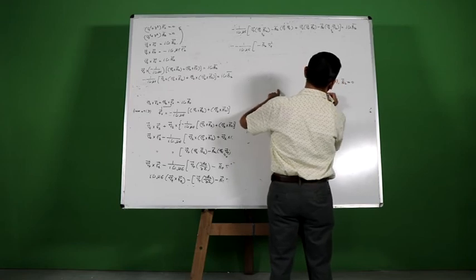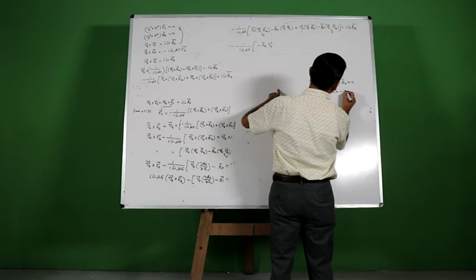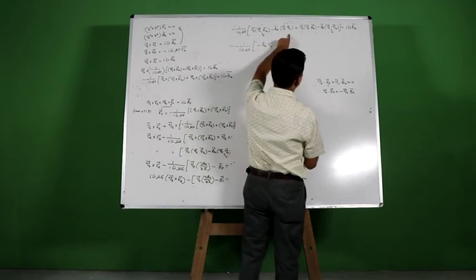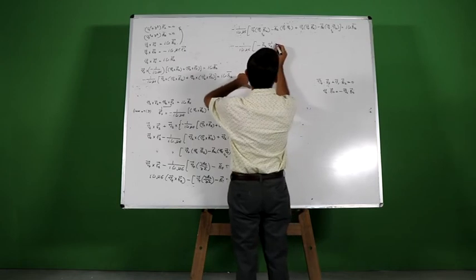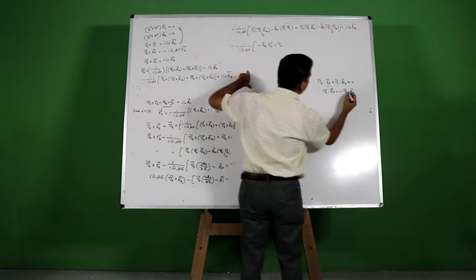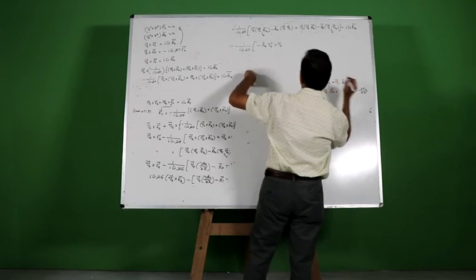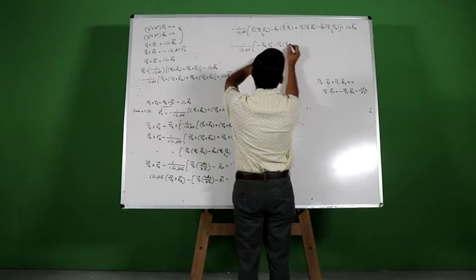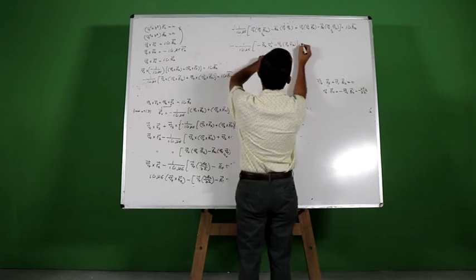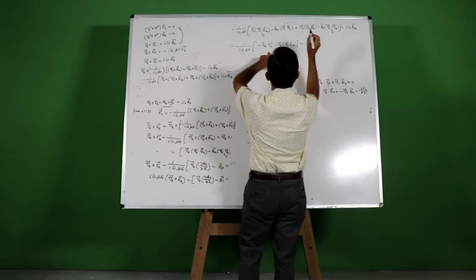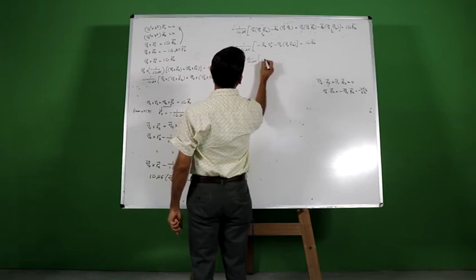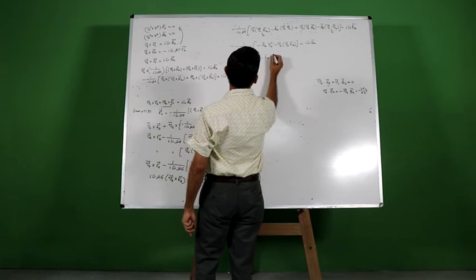So del t dot Bt can be written as minus del z dot Bz, that is minus curly Bz by curly z, and this becomes minus del z dot Bz, which is equal to iota omega Bz.